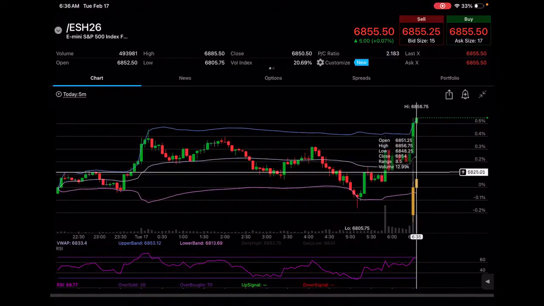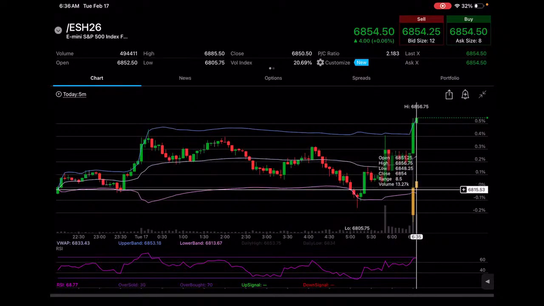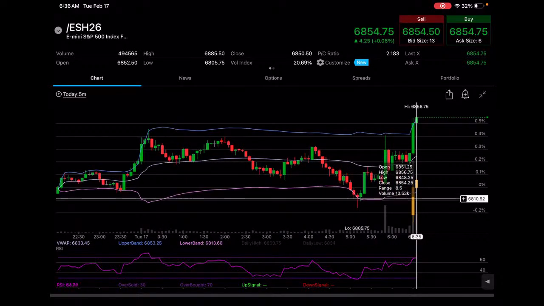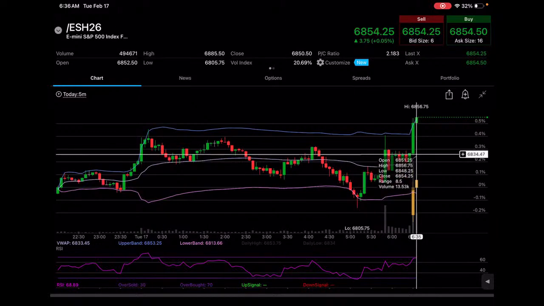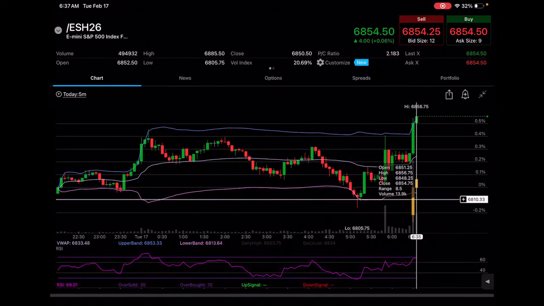Okay, so the zone actually is pretty big. It starts here, you see the top of the bar, and it'll go down to the pink line, which is the lower VWAP line. We haven't talked much about that. However, that pink line is the lower VWAP line.